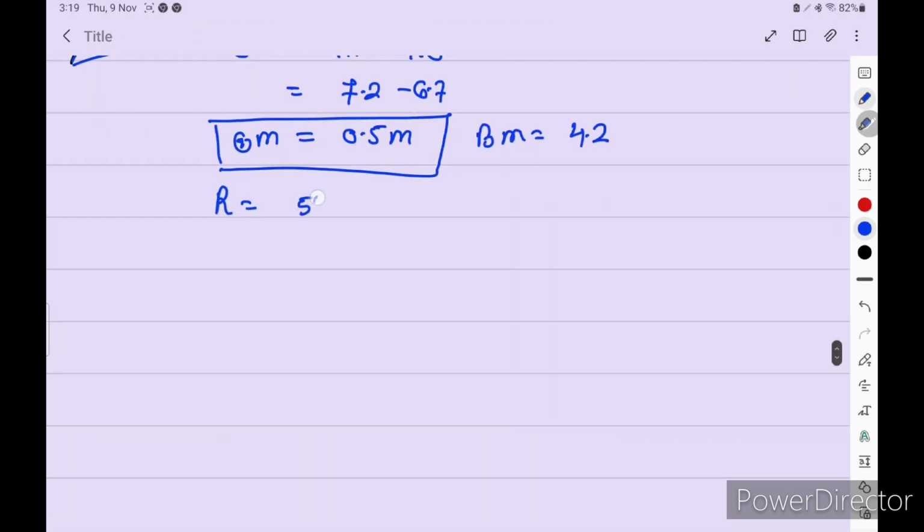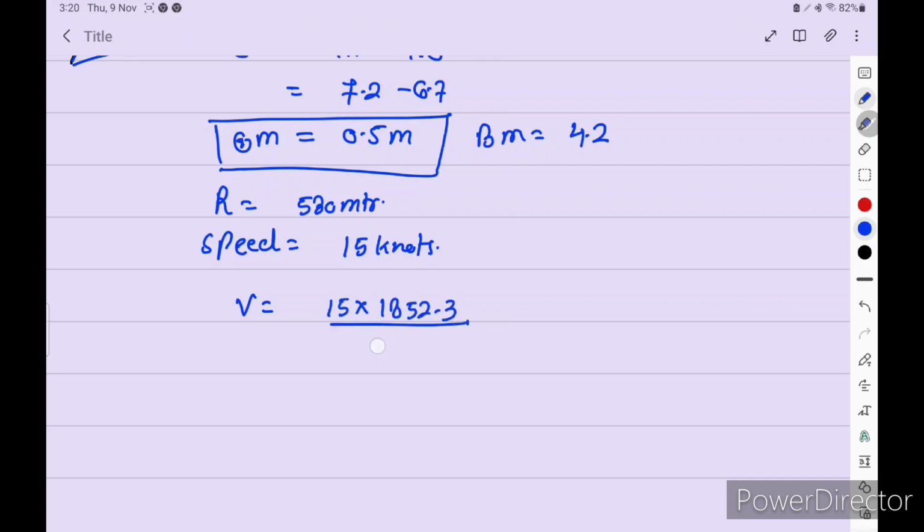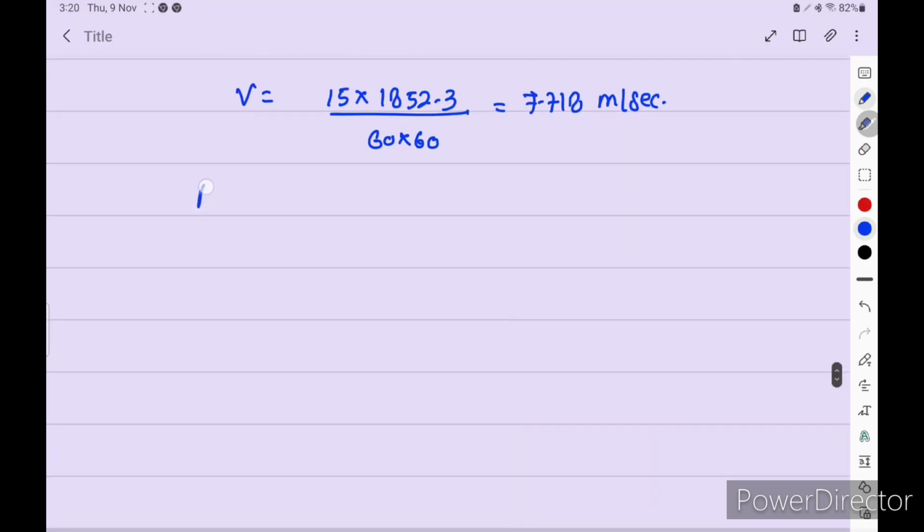BM is already given in the question, 4.2 meter. Radius of circle is 530 meters. Speed 15 knots. Now we have to convert speed into meter per second. So 15 into 1852.3 divided by 60 into 60 is equal to 7.718 meter per second. Now BG is equal to BM minus GM.